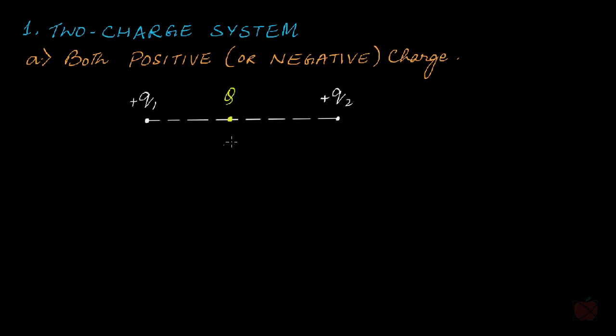Let me use red color, red is more visible. Now this third charge, it must be of what sign? Can you guess whether it is a positive charge or a negative charge? Here this one is trying to go that way, so using this charge I'm trying to pull it that way, so this must be a negative charge.